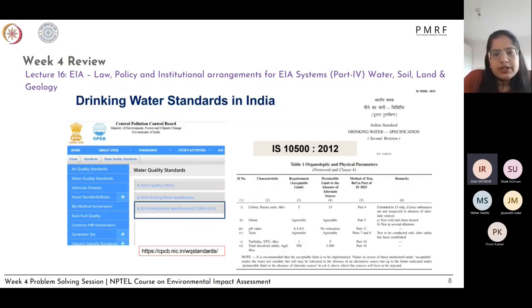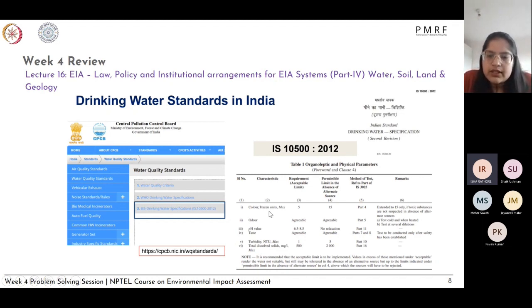And then we also have the drinking water standards, which is IS 10500:2012. So it talks about the drinking water specification, where it talks about certain categories, characteristics of drinking water and their permissible limits, and the method of testing. Of course, you can go into much more detail about these tests if you go through the standard, which is widely available online.